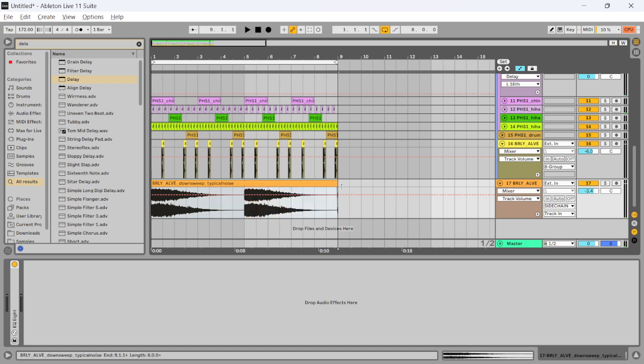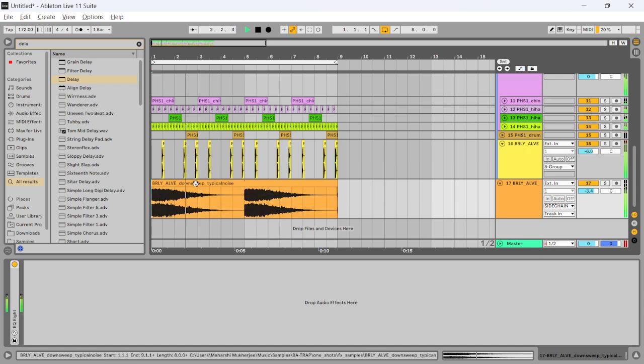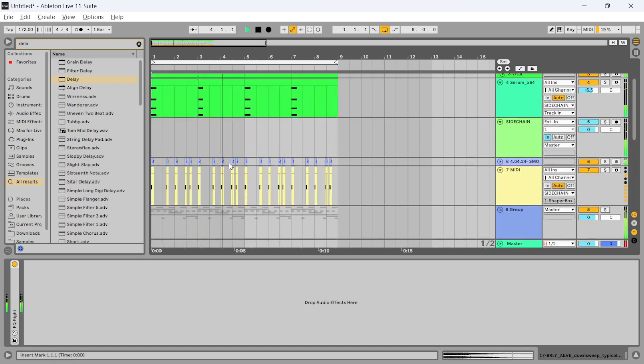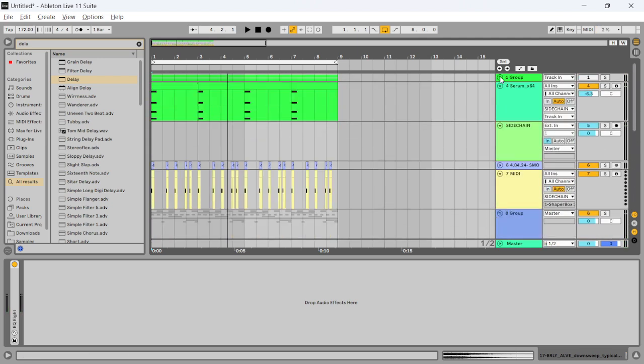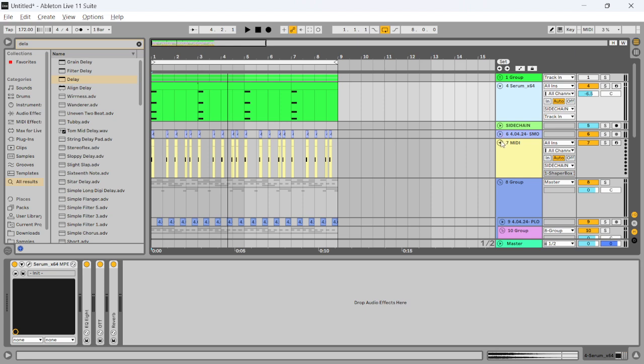No, I want you to be lower. I'm planning for a little snare fill there. Let's see.